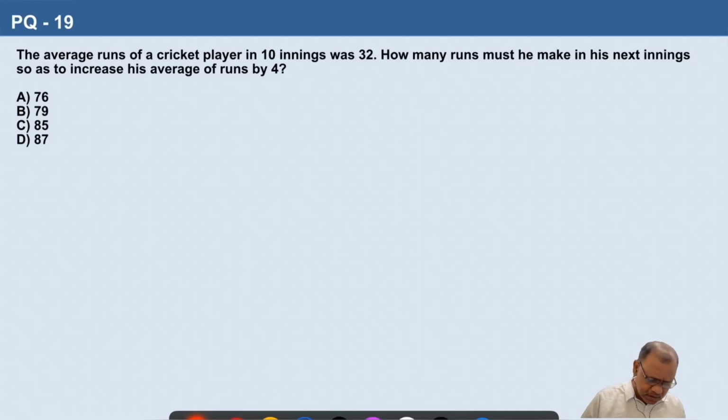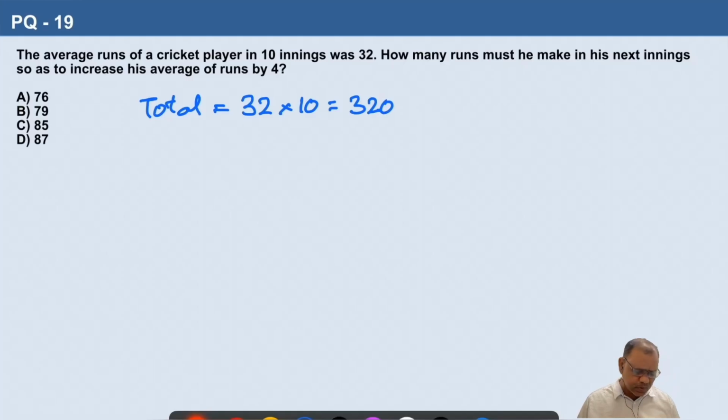So total scored in 10 innings is 32 into 10. That is 320. So you should score in the next innings x runs. 320 plus x. So x runs you should score in the 11th innings.